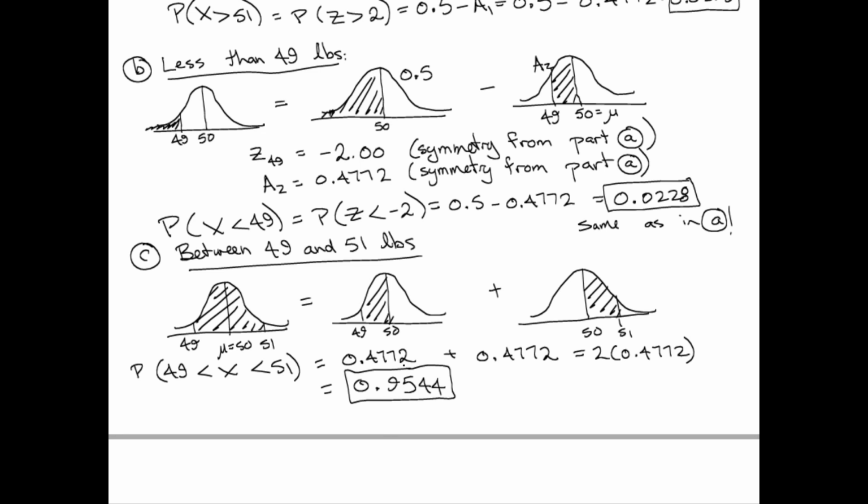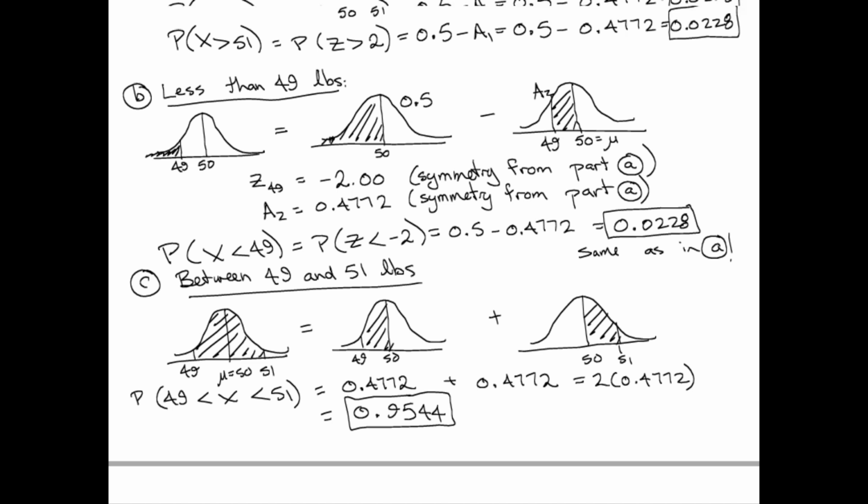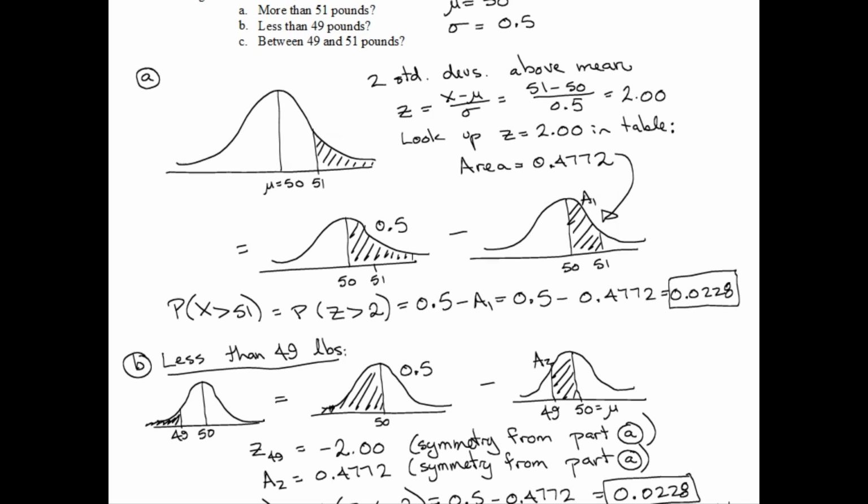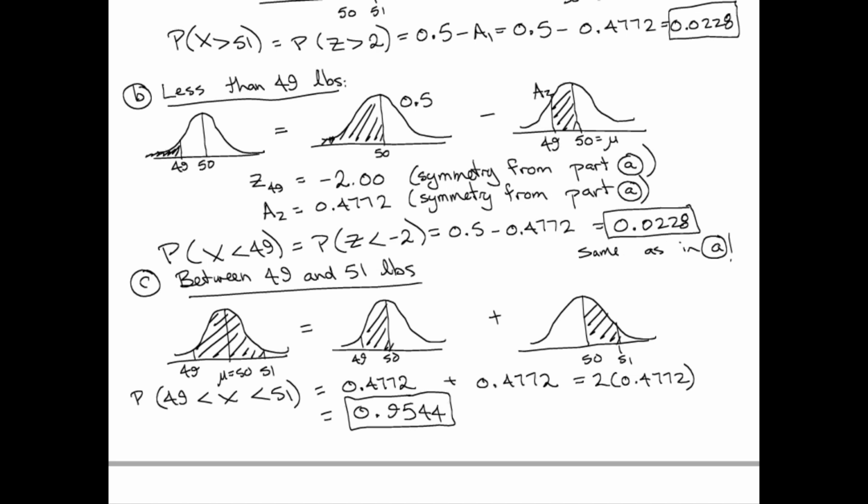Now, if you recall, our z-scores for 49 and 51 in both cases were 2 and -2. So this means that if we're between 49 and 51, we are 2 standard deviations from the mean in either direction. Okay, now look back to one of our facts about normal distributions.